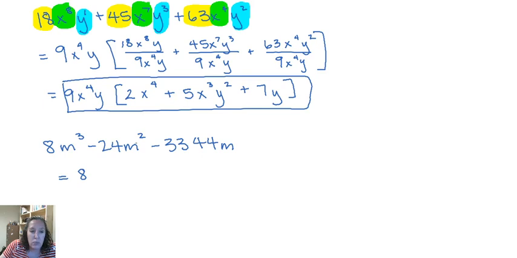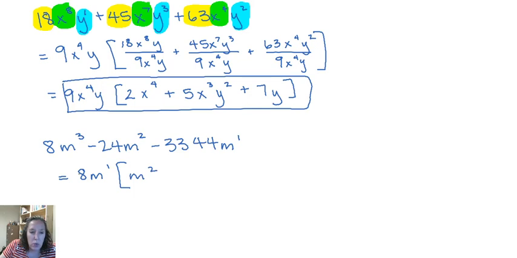We have an m cubed, m squared, and m to the first. So our smallest power of m that we can pull out is m to the first. And then we can do the same thing we did on the last one. 8m cubed divided by 8m: the 8's are going to completely divide out, and m cubed divided by m is going to be m squared.